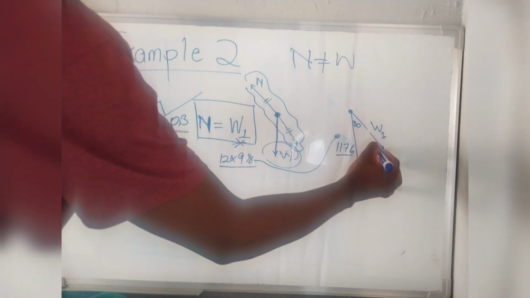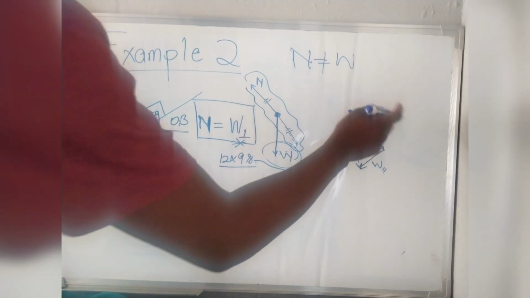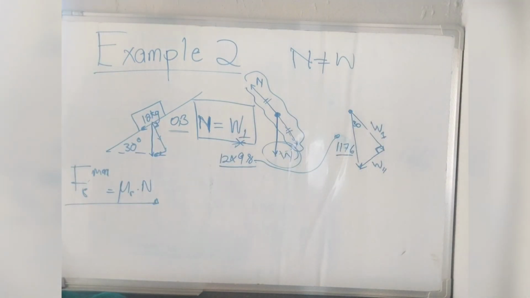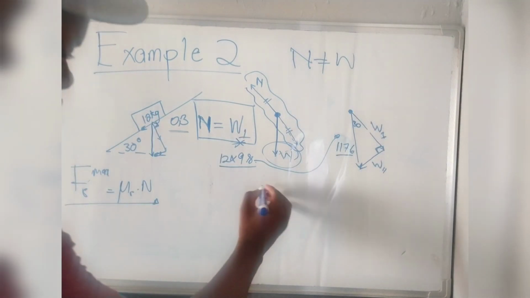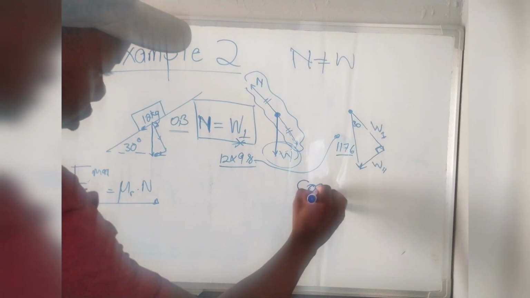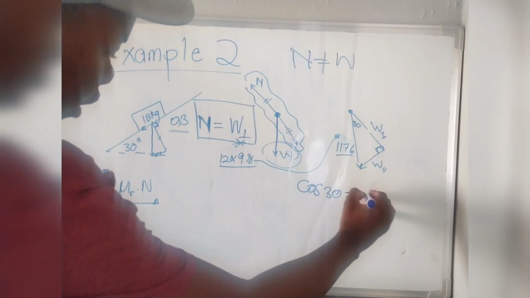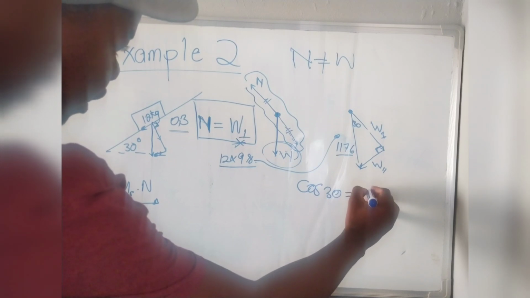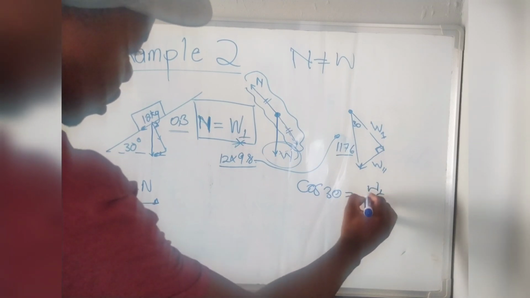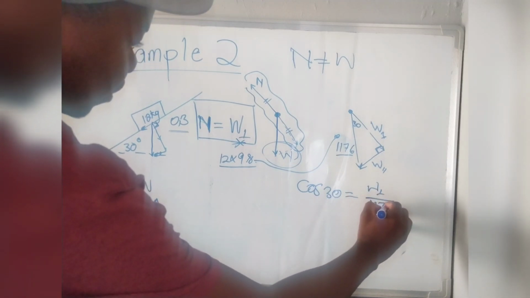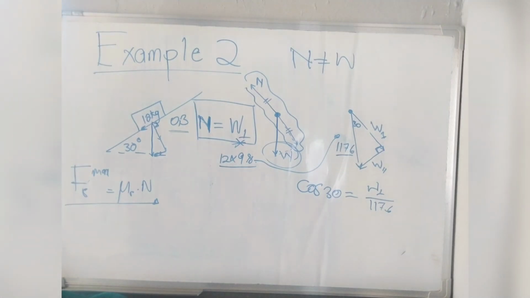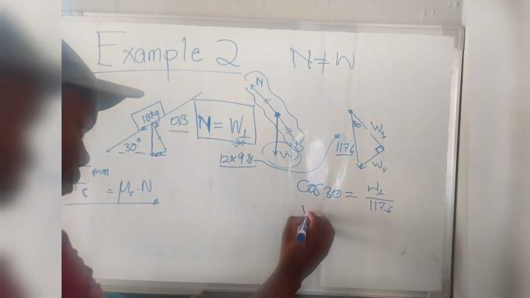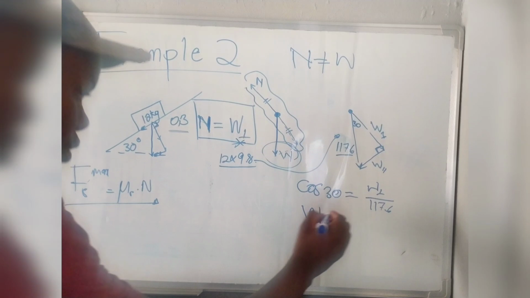Another thing here is that this is 90 degrees. So if you have a right angle triangle, you can just use your trigonometry. I'm simply going to say cos 30 is what? Adjacent, which is this, over 117.6. Therefore, the perpendicular component is equal to what?